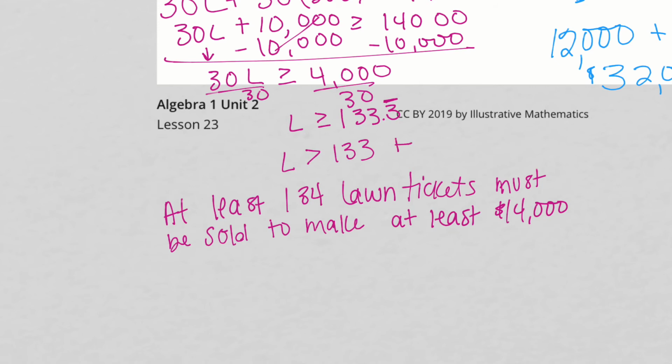So we could say it like this, or we could say L is greater than or equal to 134. Either one of these will work here. All right, let's go ahead and go to the next page.